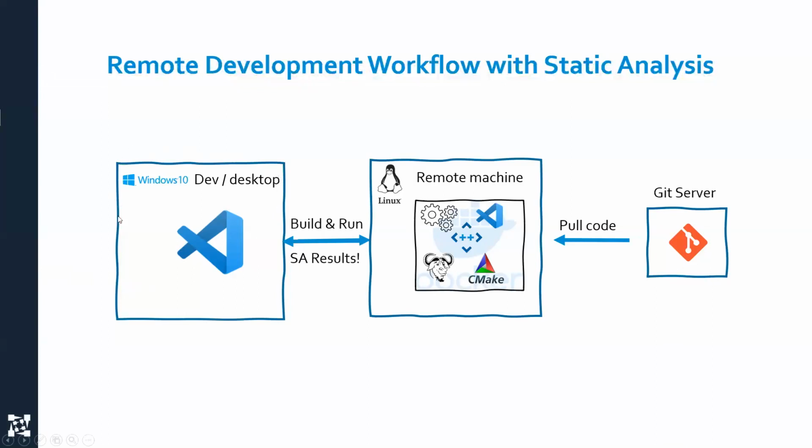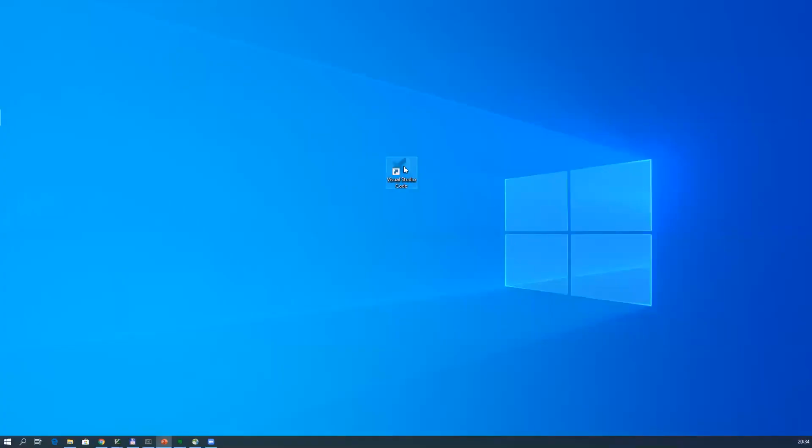Here we will have a Windows machine with a local installation of VS Code, which will be connecting to the remote Linux server, which sits in my office. This server is configured for development. I have all the compilers I need there. I have CMake, and I also have Parasoft C++ test for static analysis. So let's see how we can implement this kind of workflow with VS Code.